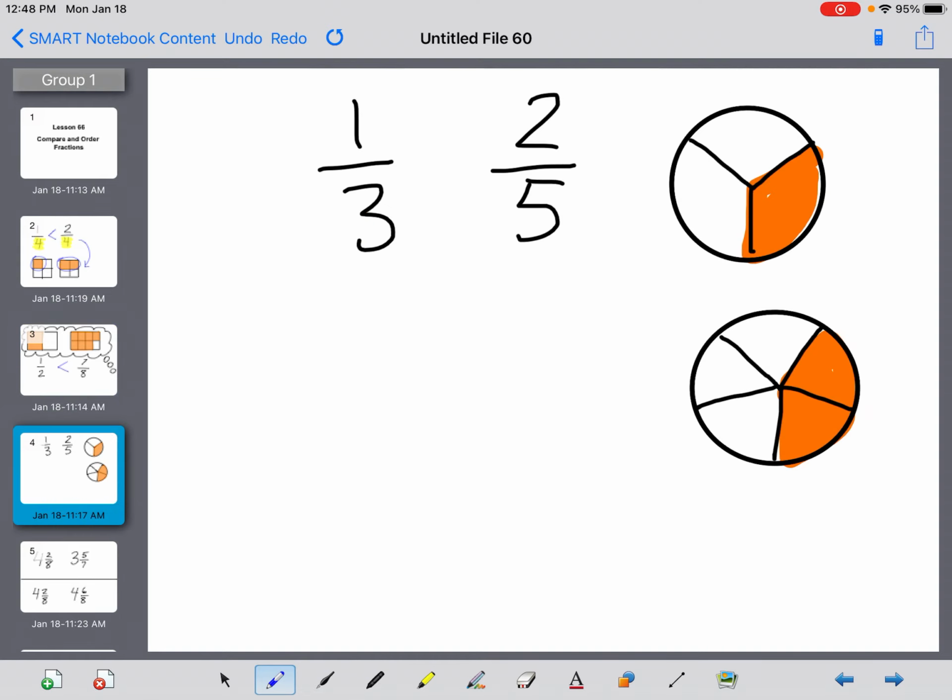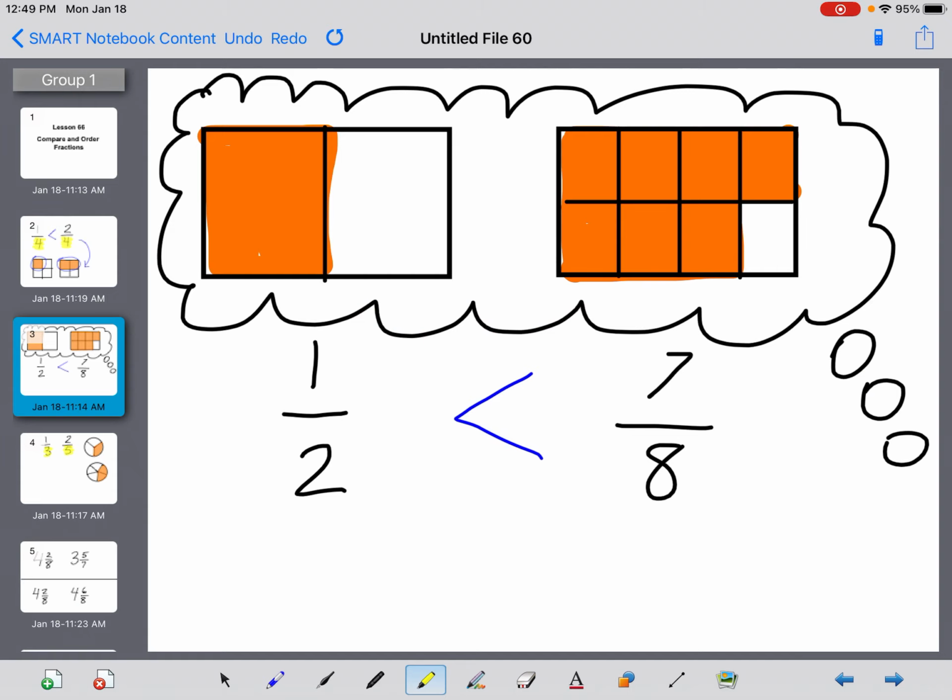But sometimes it's not so easy, and you can't get away with just drawing a model to figure it out. So I have here the fraction 1/3 and 2/5. We don't have the same denominator, but we also don't have such a big difference in the amounts like we did just one slide ago with 1/2 and 7/8.